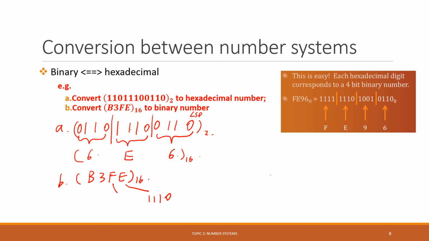F, we will get 1111. 3, we will get 0011. It has to be 4 bits, be careful. So we add a 0 before it. B is 1011. So the binary representation of this hex number is this. Okay.